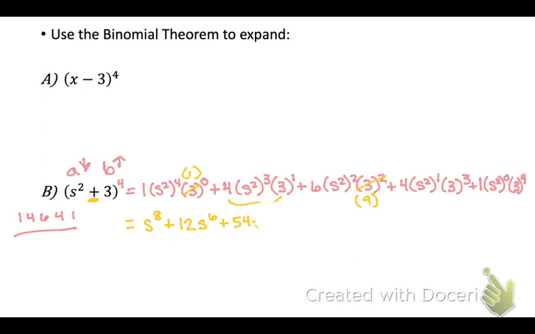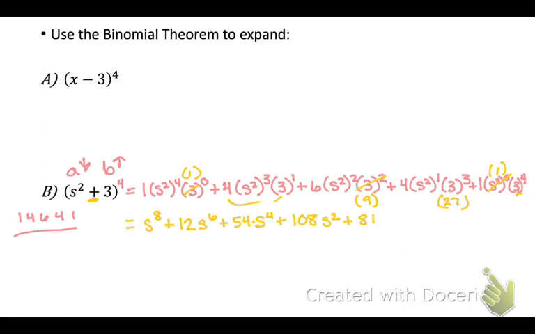Then 27, times 4 is 108. s to the 2nd. Plus. Well, this is 1, right?